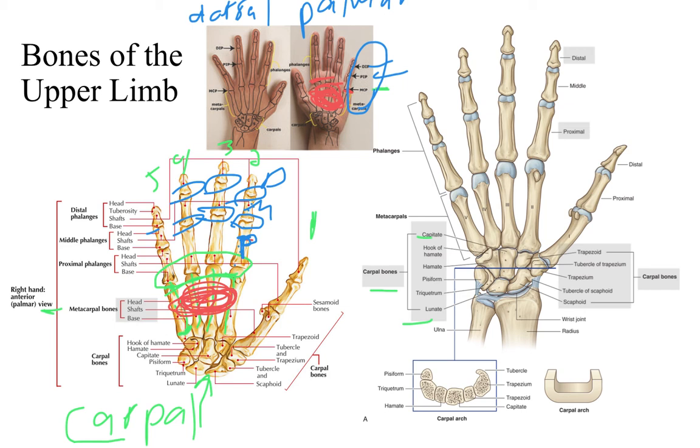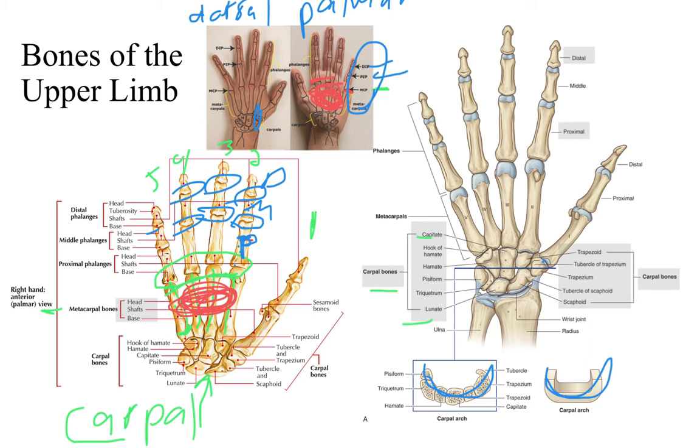If you look on the other side to the dorsal view, of course the dorsal, if you stand in anatomical position, would be facing back, so your back hand, if you will, would be over here. All right, one more thing to mention when we're looking at the carpal bones, they kind of form an arch in your hand. So we call it the carpal arch.